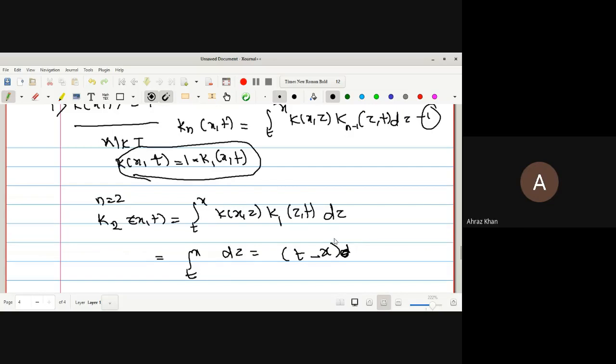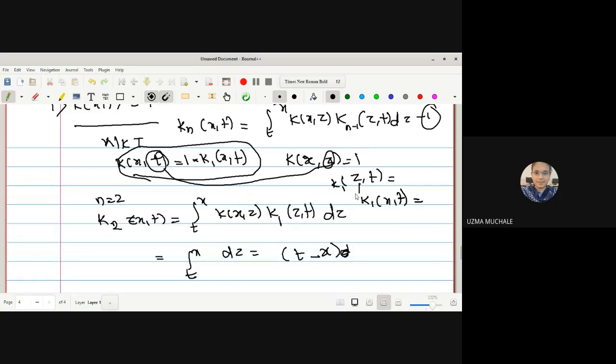Ma'am, how is k of xz equal to 1? Okay, k of xt is 1. What about k of xz? It will also be equal to 1, because simply we have replaced t by z. Similarly, for k1 of zt, instead of x we have written z; k1 of xt is given to us, and k1 is nothing but your given kernel.